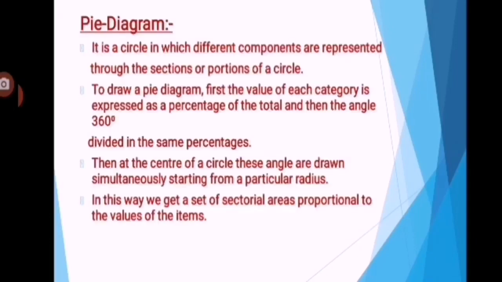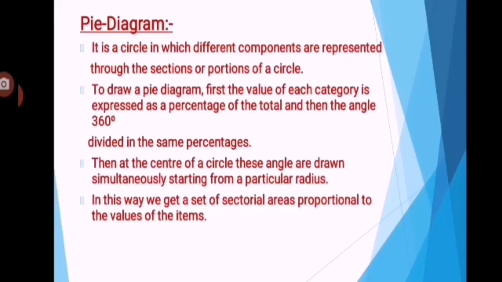Next we come to pie diagram. It is a circle in which different components are represented through sections or portions of a circle. To draw a pie diagram, first the value of each category is expressed as a percentage of the total, and then the angle 360 degrees is divided in the same percentages.